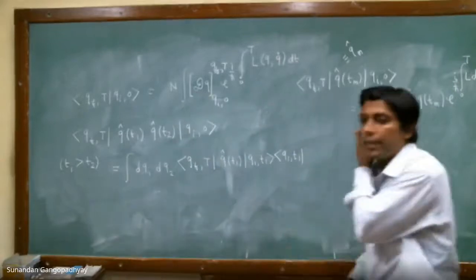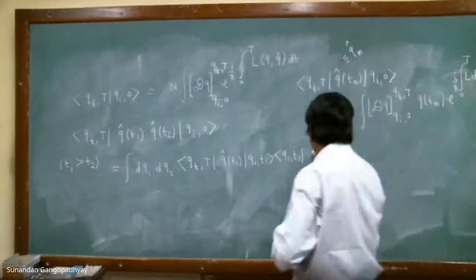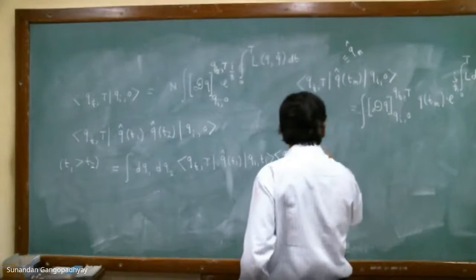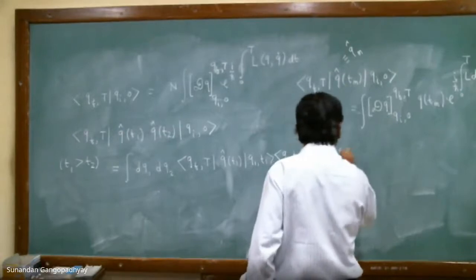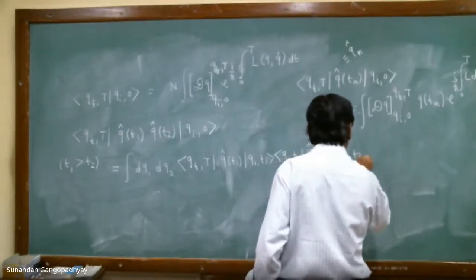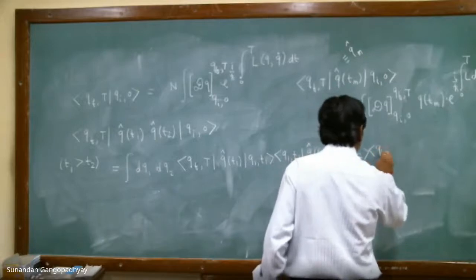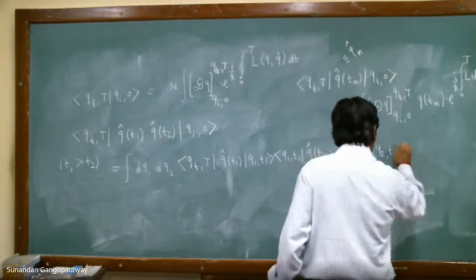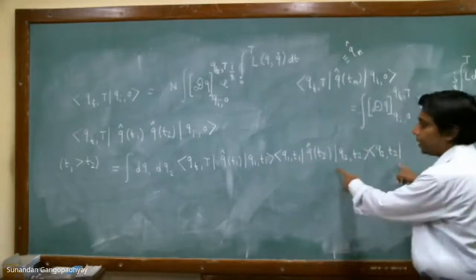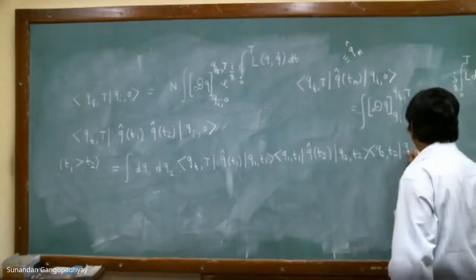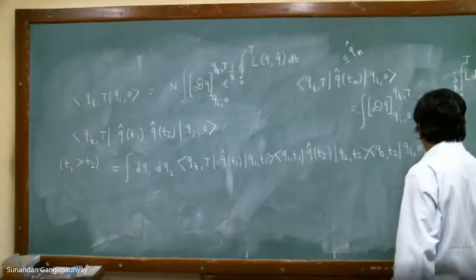Here you have put in an identity, then here you have q2, t2, q2, t2. Once again, this is another identity, and then we have q_i, 0.